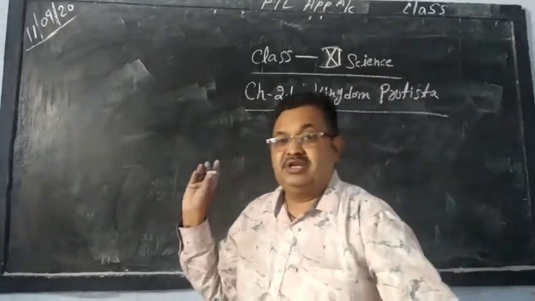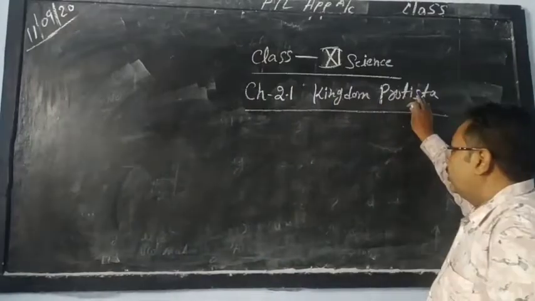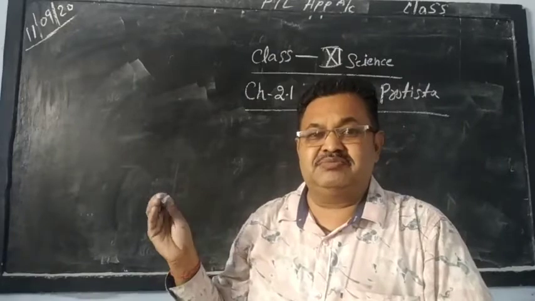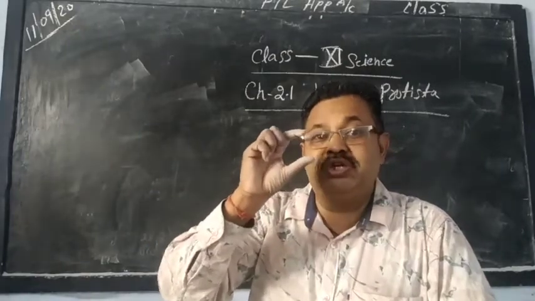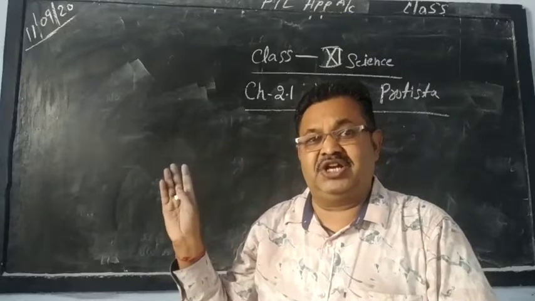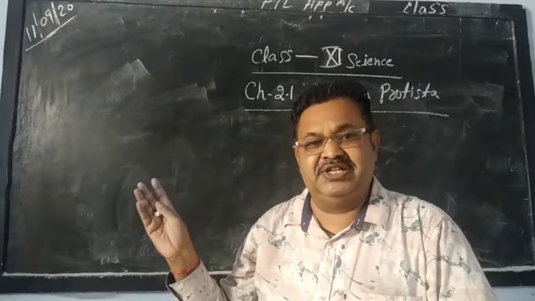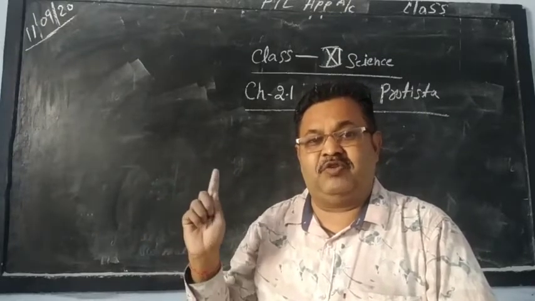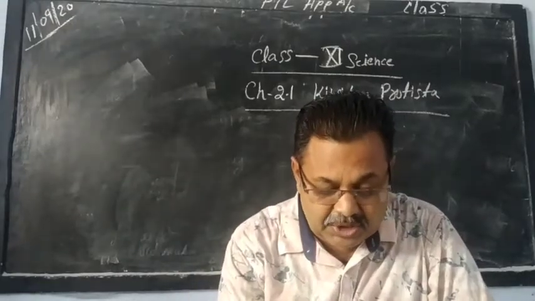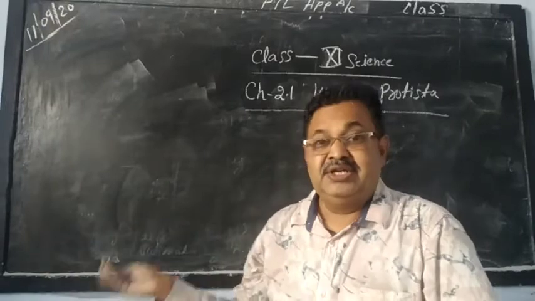In this kingdom Protista, we study organisms which are unicellular. It means that all the functions or all the living activities of the organism are performed in only one cell. Second one is eukaryotic.